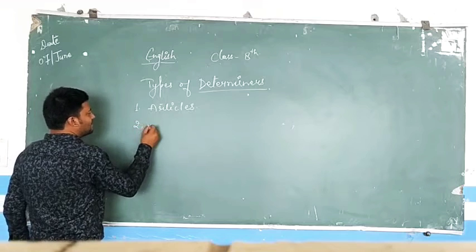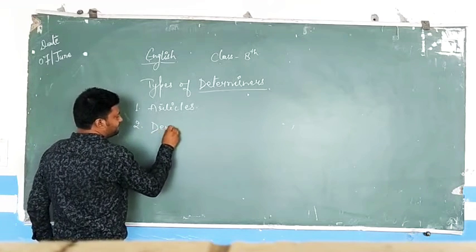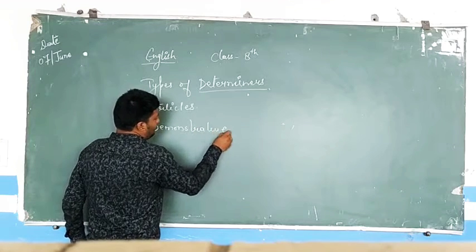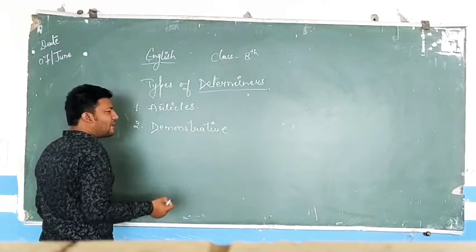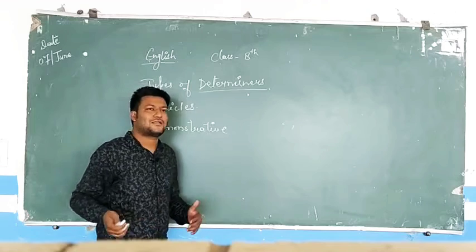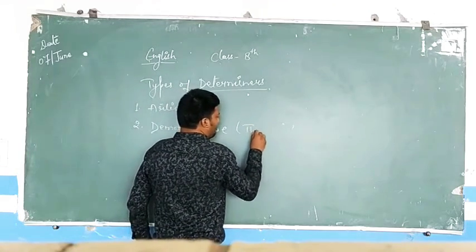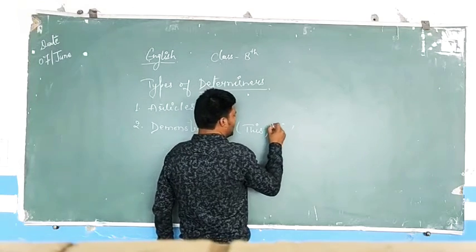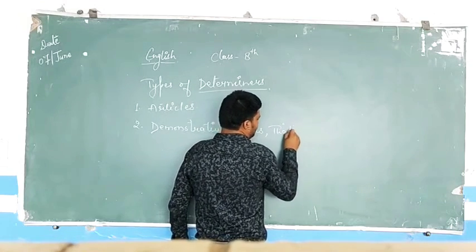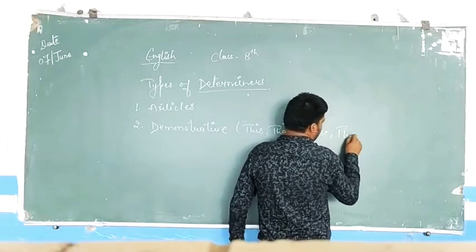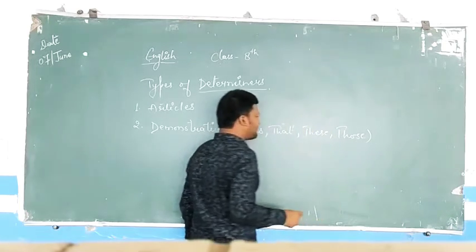second one is demonstrative. By demonstrative I mean this, that, these, those. For making a note, I am writing this, that, these, those.